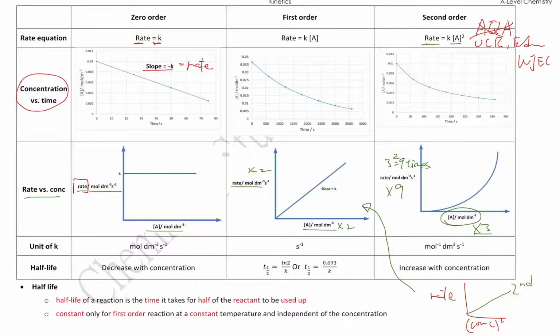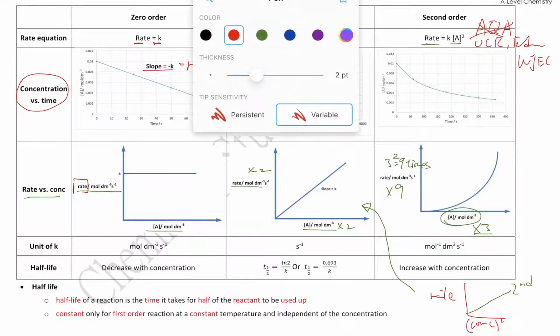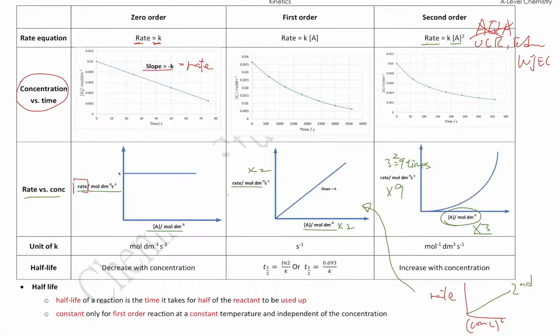To classify these two, you have to find one thing, which is called the half-life. The half-life in chemistry represents the time taken for the amount of reactant to decrease by half. So looking here, it's around 0.036, so the half will be 0.018. Around here, you can say the half-life is 1,500 seconds.